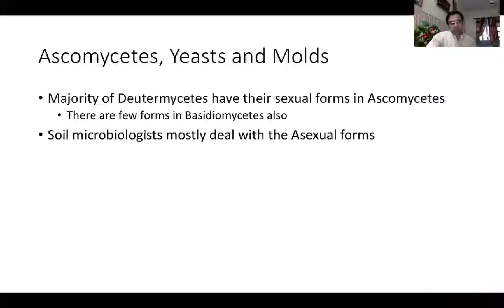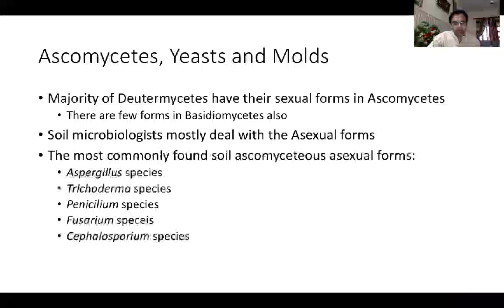So as I already discussed, soil microbiologists are dealing with soil, and soil is present in the natural environment, and mostly asexual forms are present in the soil. Sexual forms are found a bit rarely by soil microbiologists.